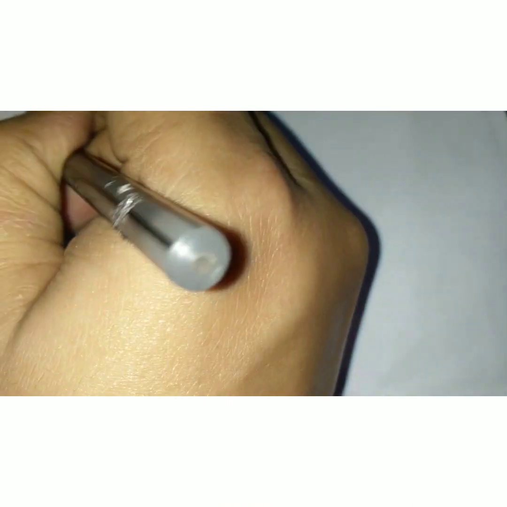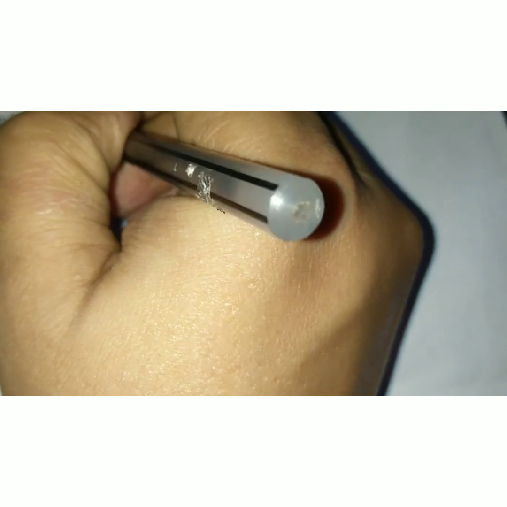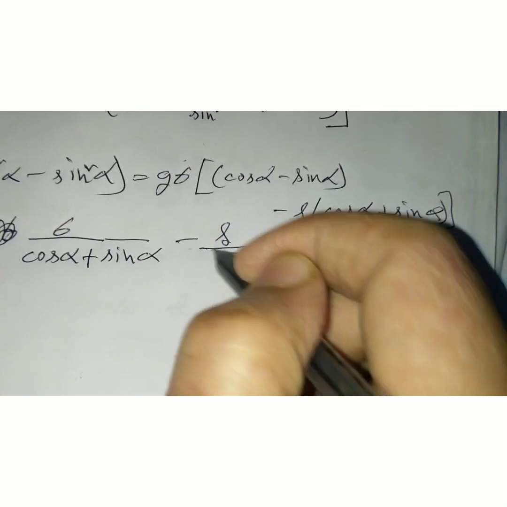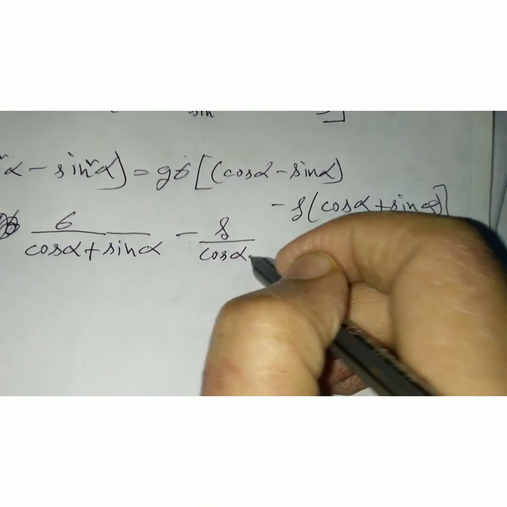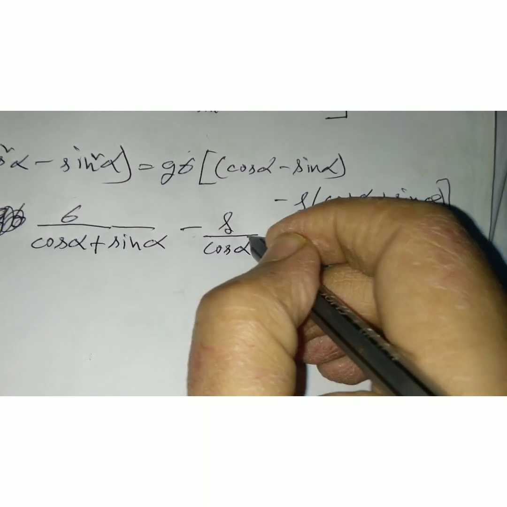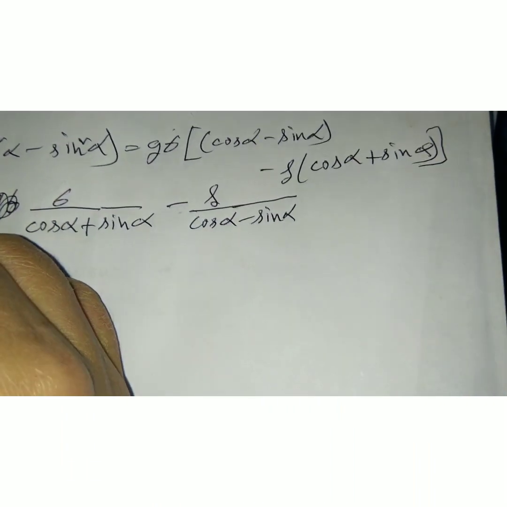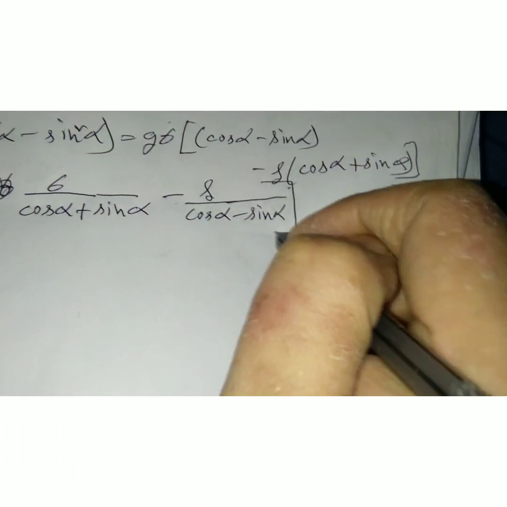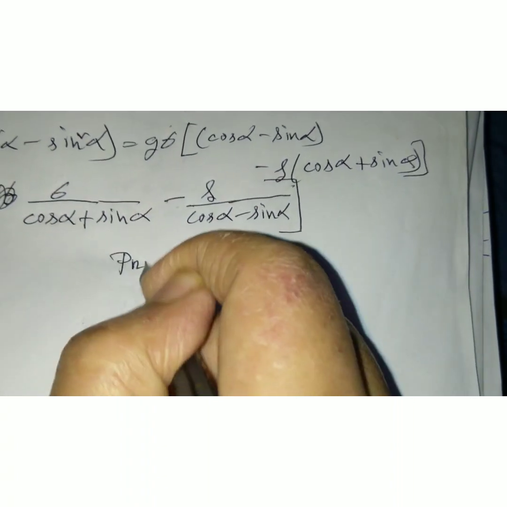If I divide it, G sigma divided by cos alpha plus sin alpha, and minus rho, cos alpha minus sin alpha. Proved, this equation.